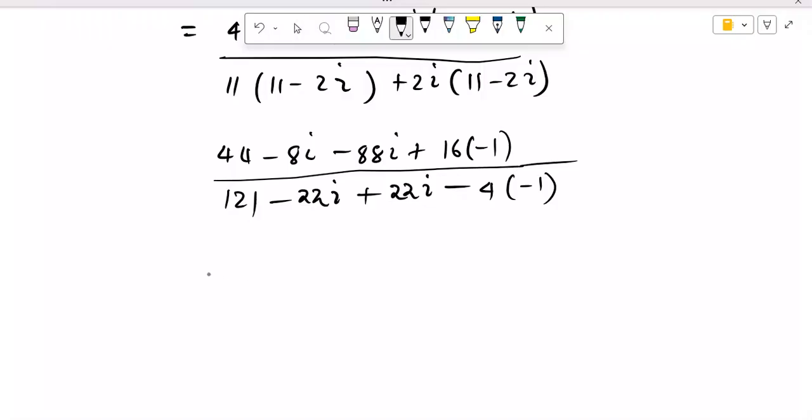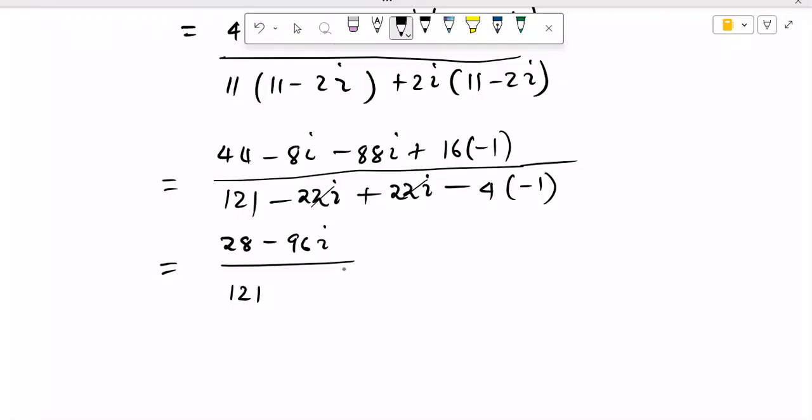So let's simplify. So on the numerator, you have 44 minus 16, 28. Just subtracting this minus this because this is negative 16. Okay, then 88i, 8i, so 88 plus 8, you have 96i. Okay, so you have 121. This and this will cancel.